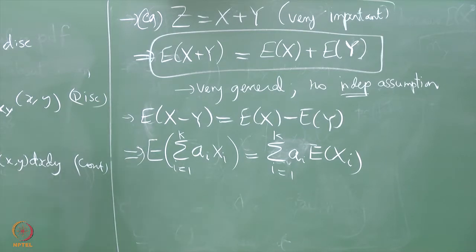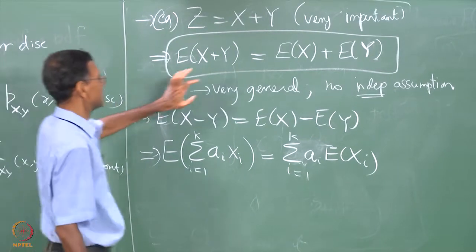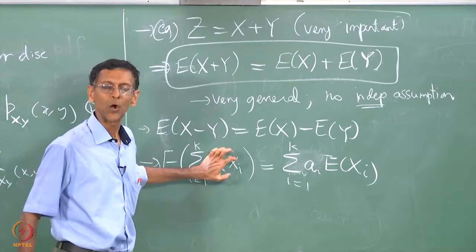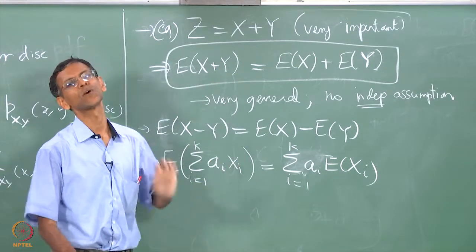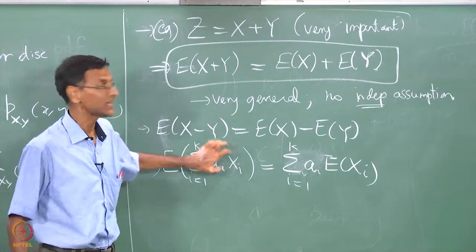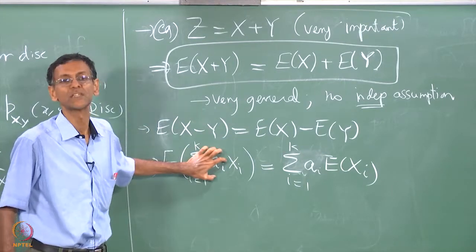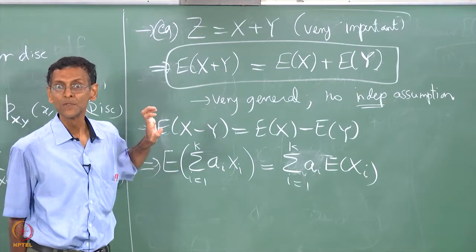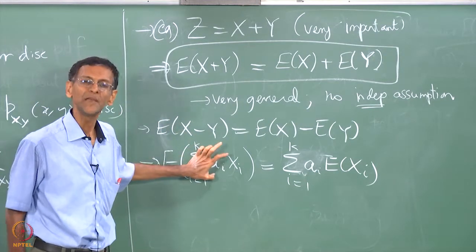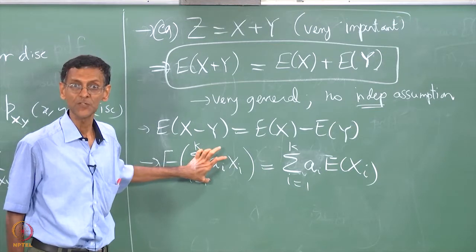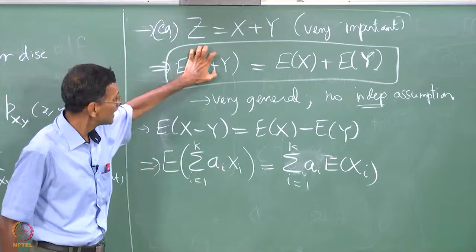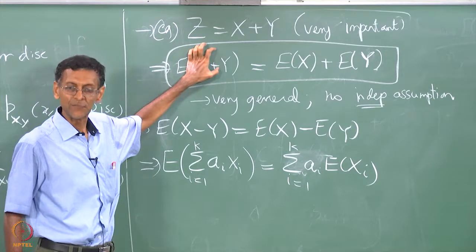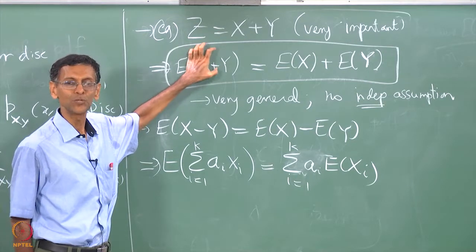What I am trying to say here is, this may look like a complicated thing, which is in fact a complicated thing. If you want to calculate the exact distribution of this weighted sum, it is not easy in general to find the PDF or PMF of this quantity. Even when x and y were independent, you had to do some convolution and stuff like that.